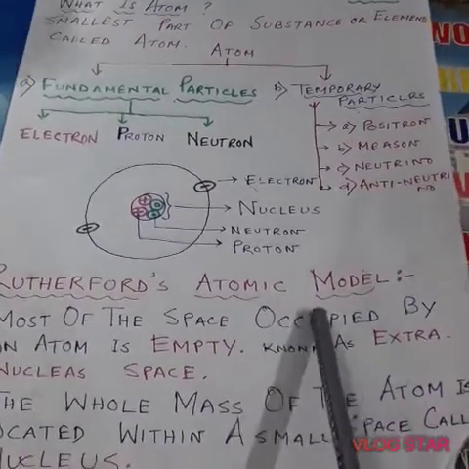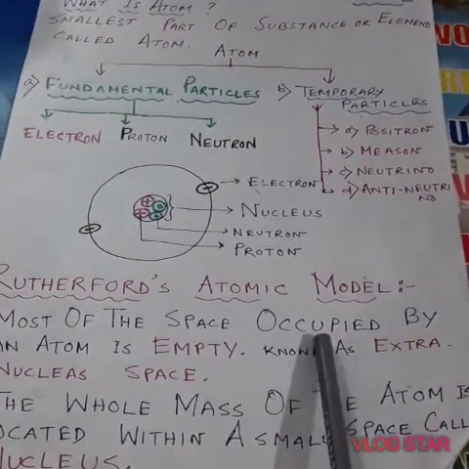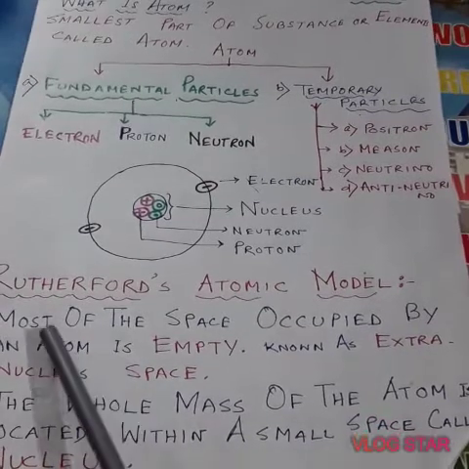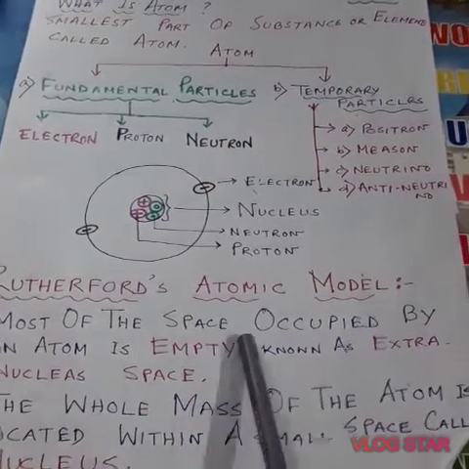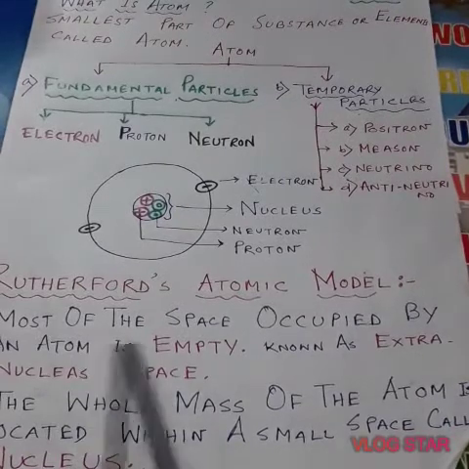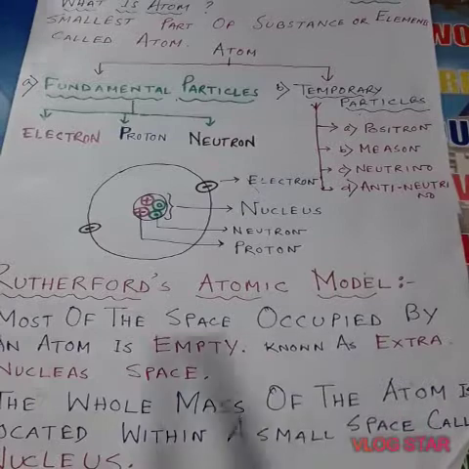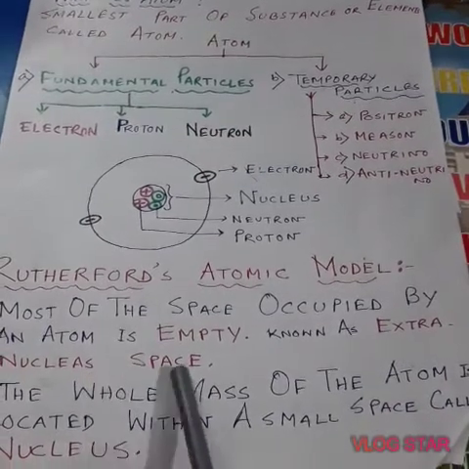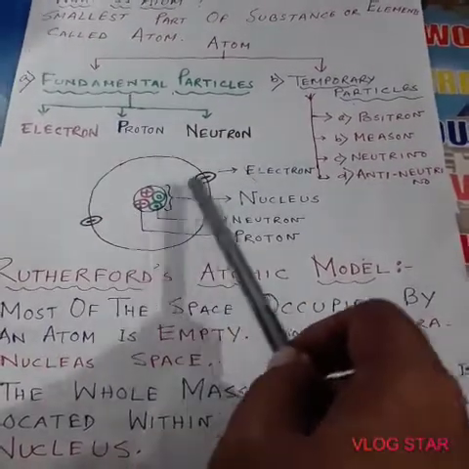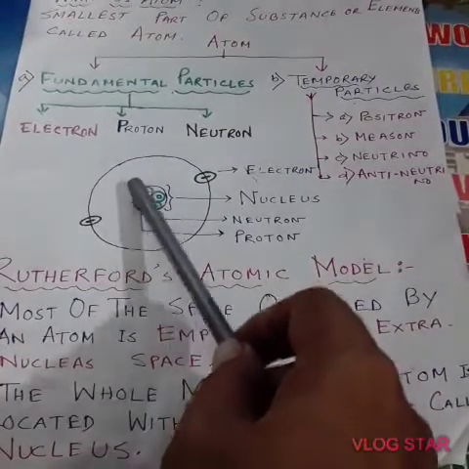In the Rutherford atomic model, the first point is that most of the space occupied by an atom is empty, known as extranuclear space. Most of the part between the electron and the nucleus is empty.